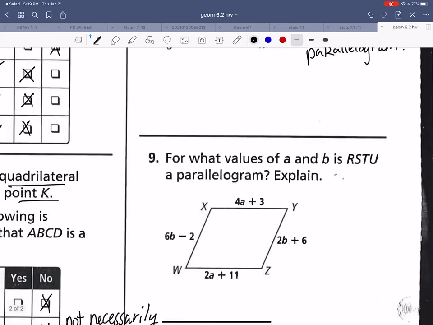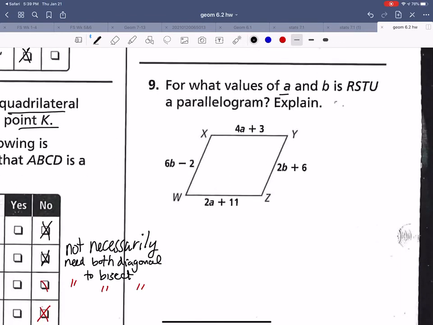All right, number 9. For what value of A and B is RTU a parallelogram? So if these were equal and if these were equal, that would be a parallelogram. Okay, so for A plus 3, if this is equal to this, that'd be the first step in making it a parallelogram. So let's solve.